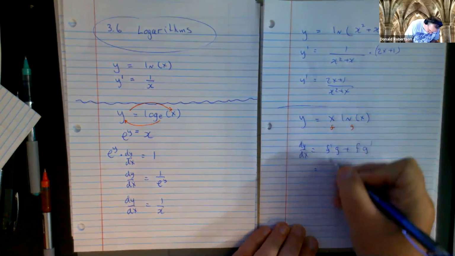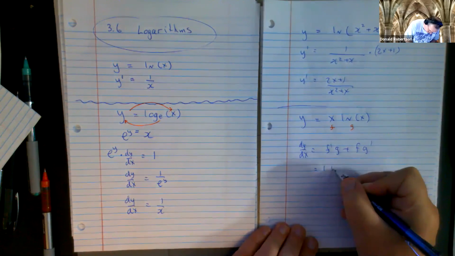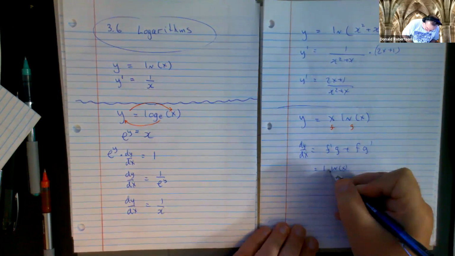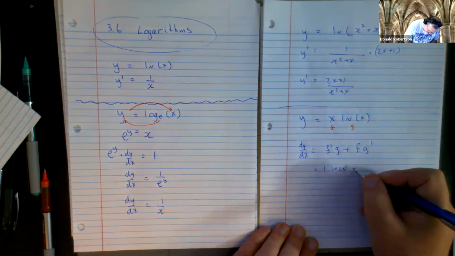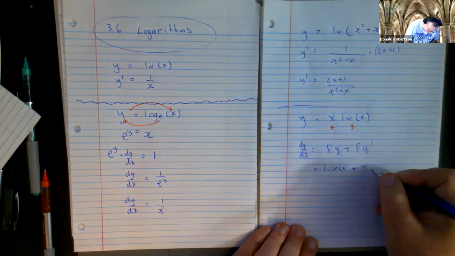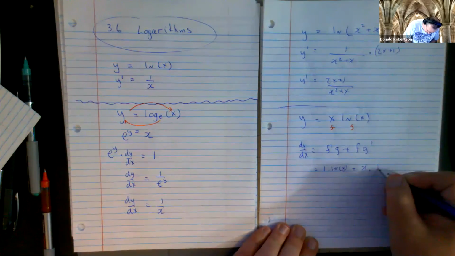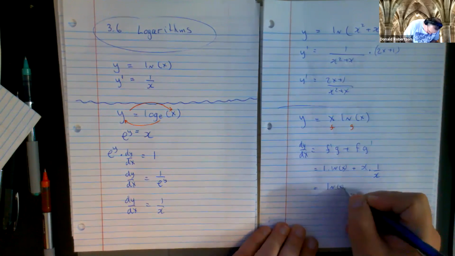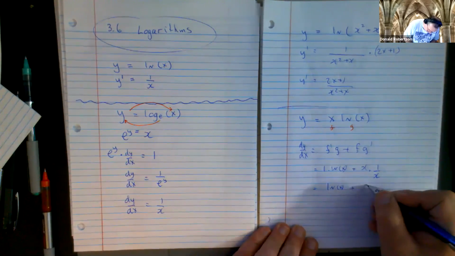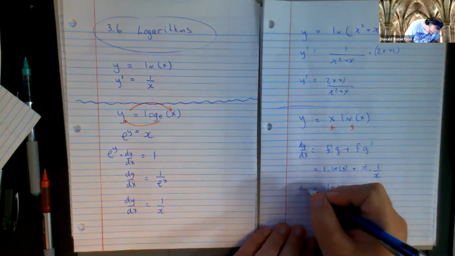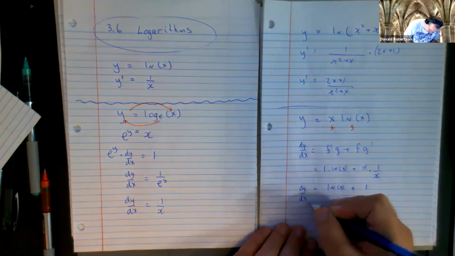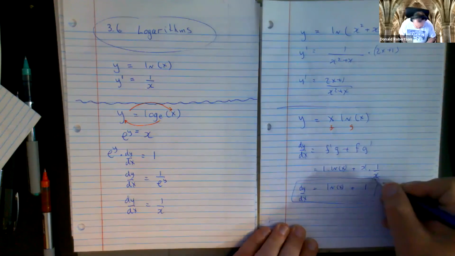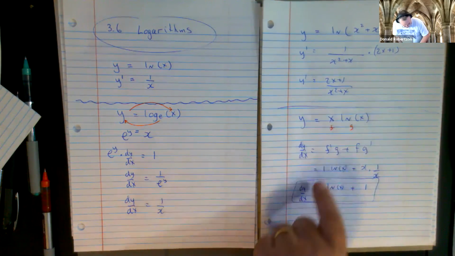Differentiate this guy, you get 1. Leave this guy alone, you get natural log of x. Leave this guy alone, you get x. Differentiate a natural log, you get 1 over x. This is log x, and this is 1. So the derivative of x log x is this guy.